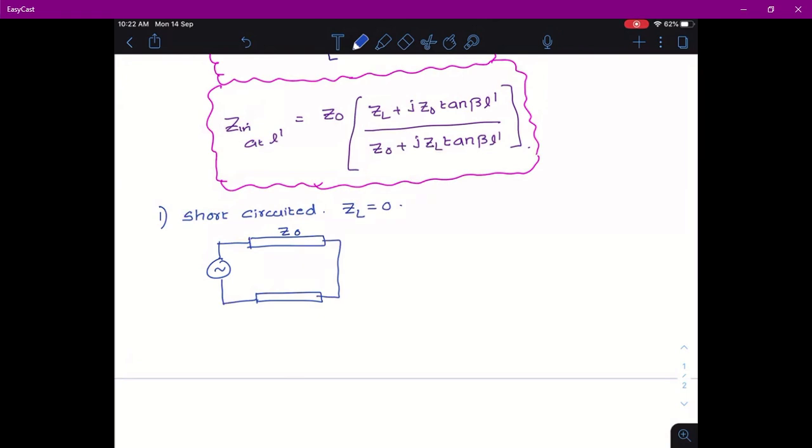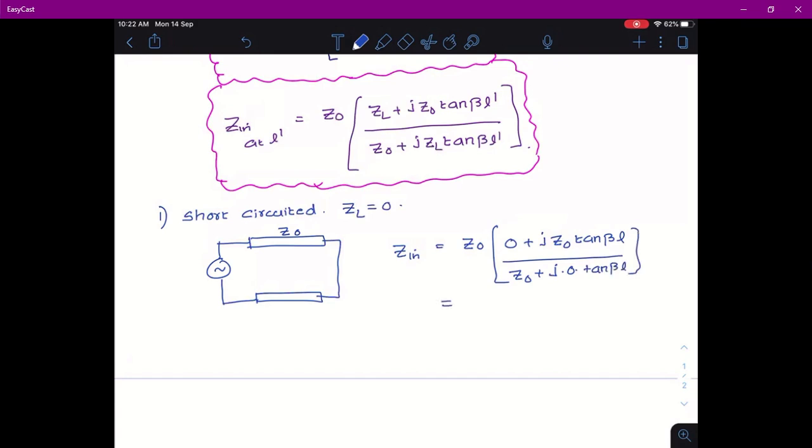So, you can substitute this in the expression for Zin, that is Zin is equal to Z0, ZL is equal to 0. So, you have (0 plus j Z0 tan beta L) by (Z0 plus j into 0 tan beta L).